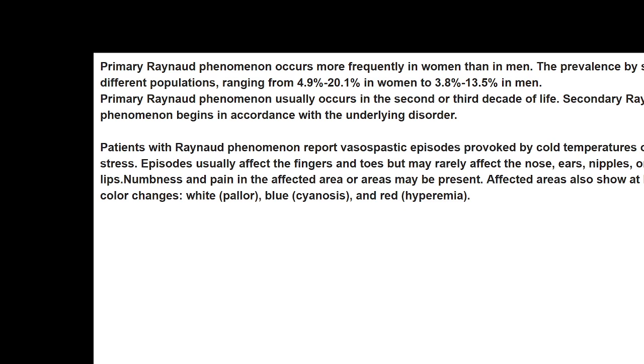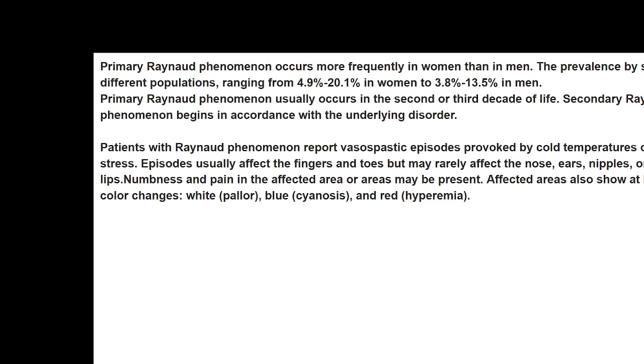The prevalence varies, ranging from 4.9% to 20.1% in women and 3.8% to 13.5% in men, compared to the average population. Primary Raynaud phenomenon usually occurs in the second or third decade of life, that's 20 to 30 years, the common age group where the lesions tend to occur. Secondary phenomena can occur at any age depending upon the existing previous disorders.